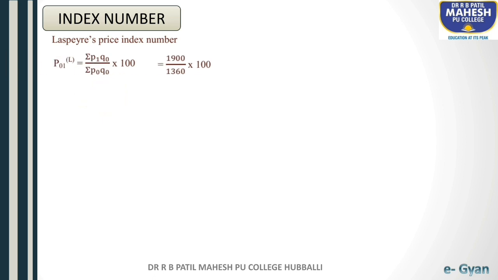Now substitute the values: summation P1 Q0 total is 1900 divided by summation P0 Q0 which is 1360. After calculating this, P01 of Laspeyres is 139.70.